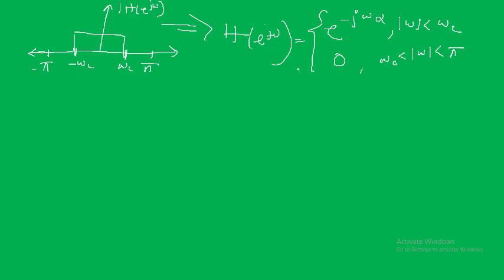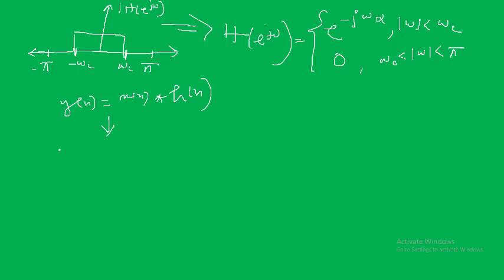So when it is between omega c and pi, the response is 0, otherwise the response is e power minus j omega alpha. Now in the previous slide we have seen that the output y of n of the filter is x of n convolution h of n.